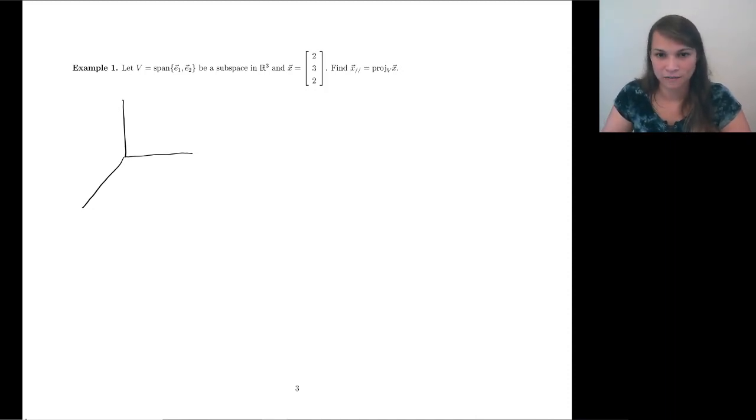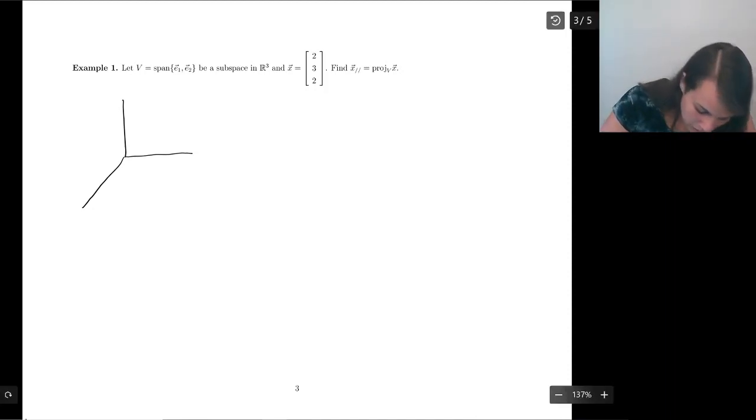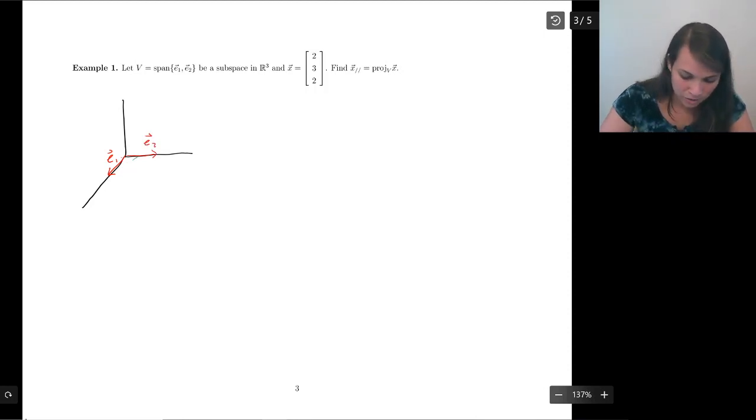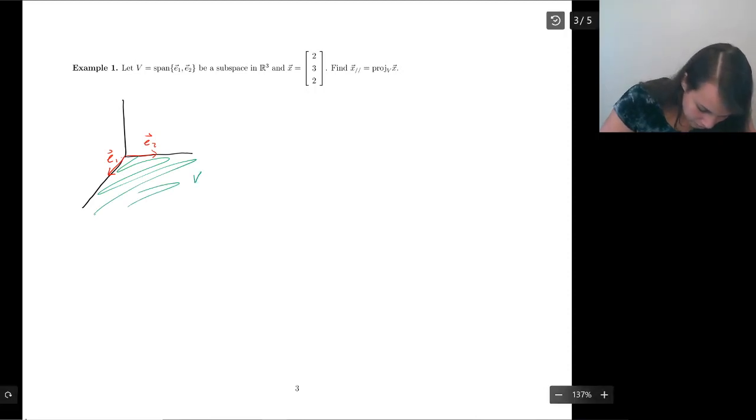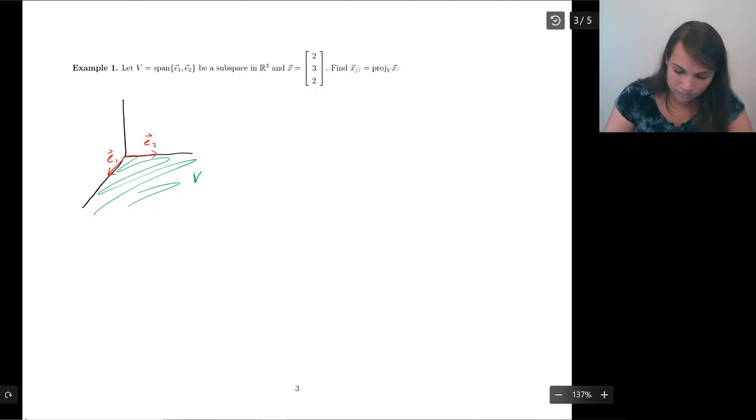So I've got my axes for R3 down. So E1 is going to look like this guy, and E2 looks like that guy. And so the span of those guys is like this plane right here. So that's our span. Notice it kind of looks like R2. We're going to put it in quotes though.